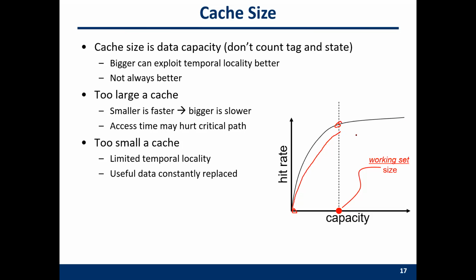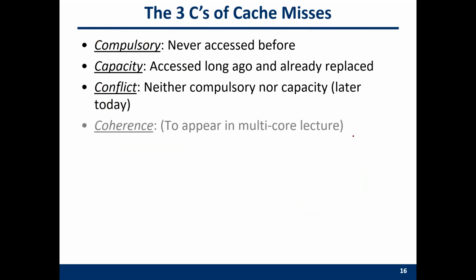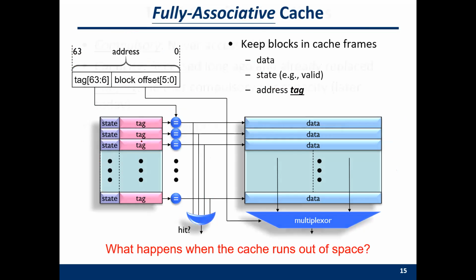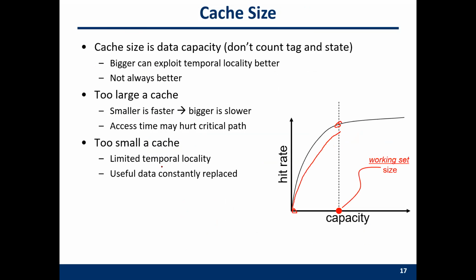But a larger cache means longer access latency. Why? Because if you have more tags here, the comparison operation will cost you longer time. You need to compare against more tags here. So the latency of each access will be prolonged. Although the miss rate is reduced, the latency is prolonged.